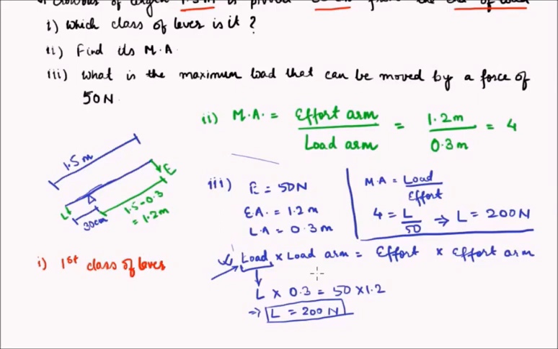We can replace mechanical advantage as 4, as we already calculated in this part. The load is to be found, L, and the effort is 50. This translates into load is equal to 200 Newton. So depending on the convenience, whichever method suits you better, you can use either this method or this method.